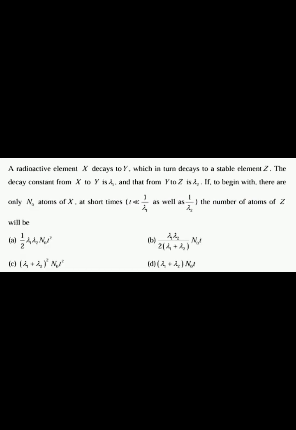The next question is, a radioactive element X decays to Y, which in turn decays to a stable element Z. The decay constant from X to Y is lambda 1 and that from Y to Z is lambda 2. If to begin with there are only N0 atoms of X, at short time, where t is much less than 1 by lambda 1 and t is much less than 1 by lambda 2, the number of atoms of Z will be dash.